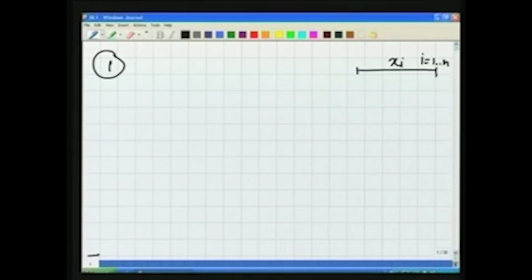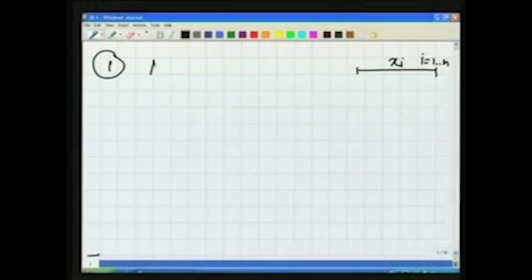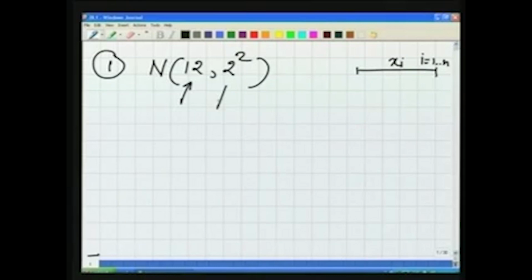So in our observations only the random errors are there and they follow the normal distribution. So the data is like N(12, 2²). What is the meaning of this? The meaning is the mean of the data is 12 and the standard deviation of the data is 2.